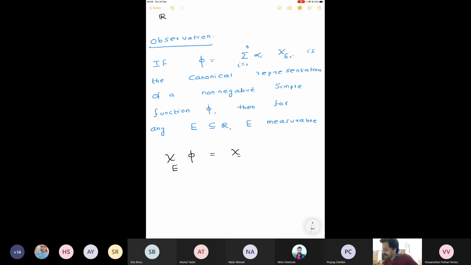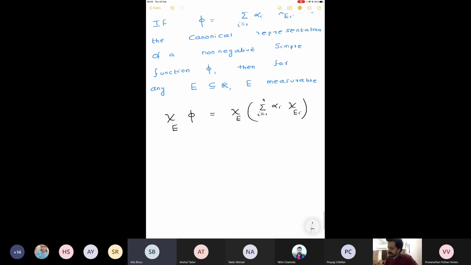Of course, this will be chi E times the summation I equal to 1 to n of alpha I chi E_I. Can you guess what this will be? The summation of alpha I chi of E_I intersection E. Yes, I have already told the properties. You can apply that or you can apply the definition. Summation alpha I chi of E intersection E_I. Okay.